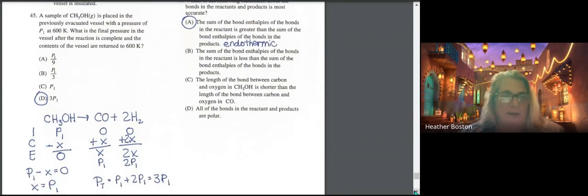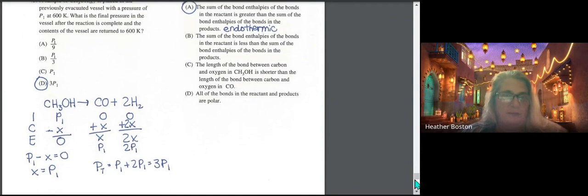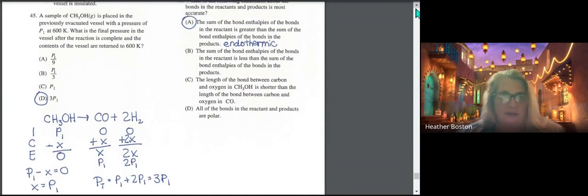I did a little ICE chart here for you, so you can see this. This is an interesting question. A sample of methanol is placed in a previously evacuated vessel with a pressure of P1 at 600. What's the final pressure after the reaction is complete? Well, it says it goes essentially to completion. So we're going to basically say that we have no methanol left. So when I started, I had a pressure of P1 of the reactants and 0 for the products.